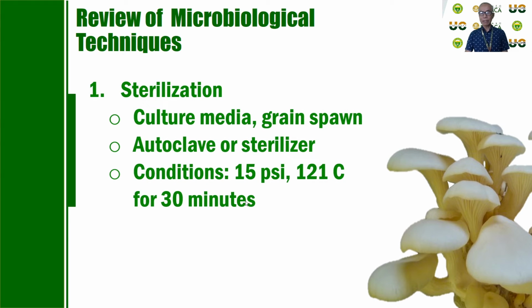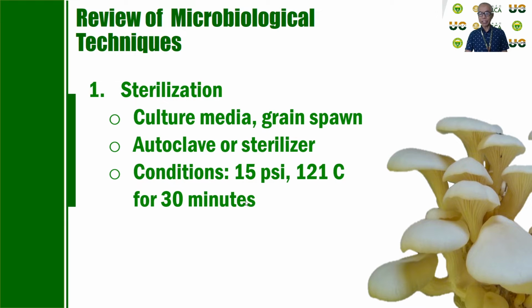In the previous lectures, you have learned some microbiological techniques which are essential in mushroom production, such as sterilization, pasteurization, and aseptic technique. Sterilization can be defined as the process of killing all forms of life.